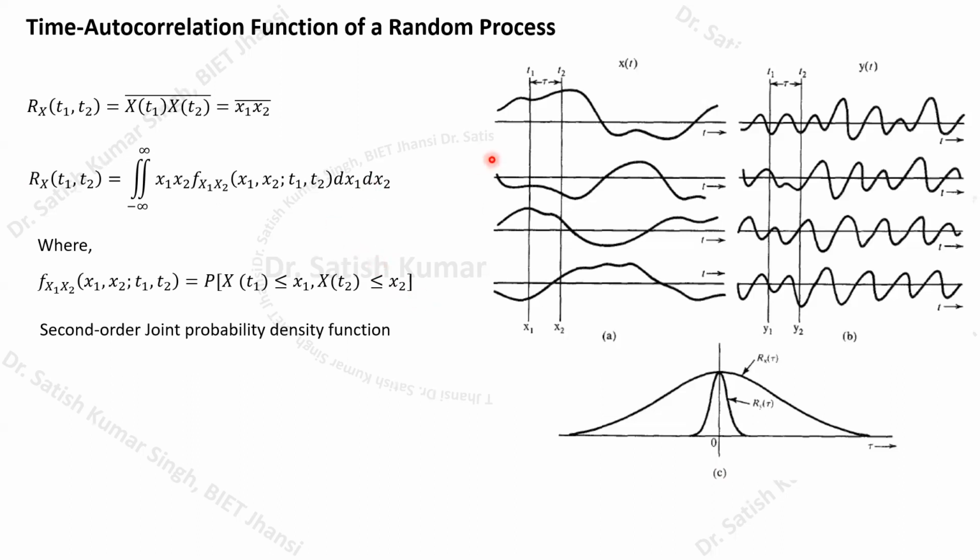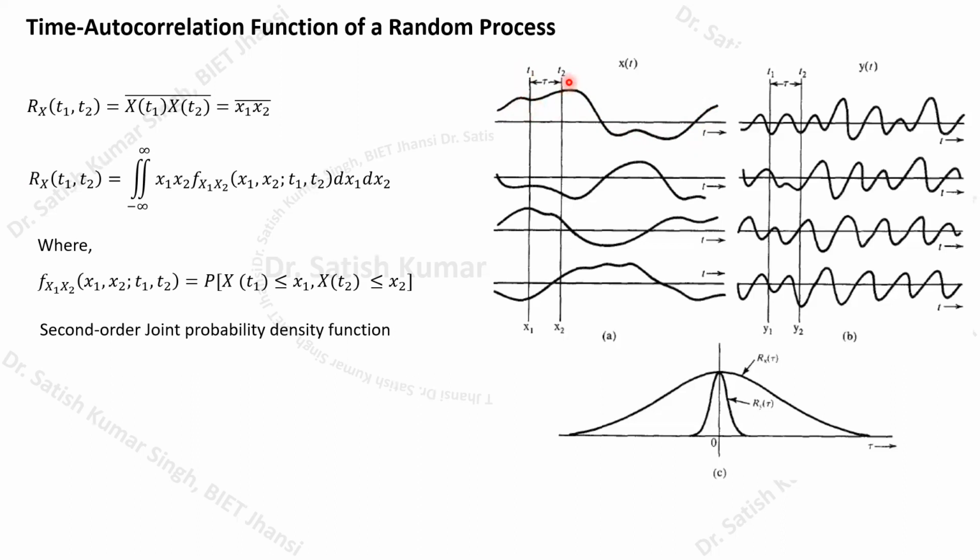So normally, if you wish to calculate the time autocorrelation function, first we have to calculate the time autocorrelation function for a particular sample function. Let us say this is one particular sample function of this random process. Then, to calculate the autocorrelation function, first we have to choose these two time values, T1 and T2.